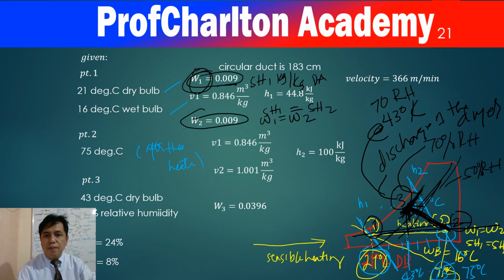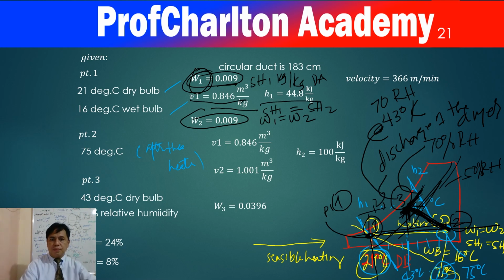Okay, now from point 1, you can also get the specific volume, 0.846 meter cube per kilogram. You can also get the enthalpy, as I told you, enthalpy 1, then specific volume of 1. So this one is the specific volume, this one is the enthalpy, right?